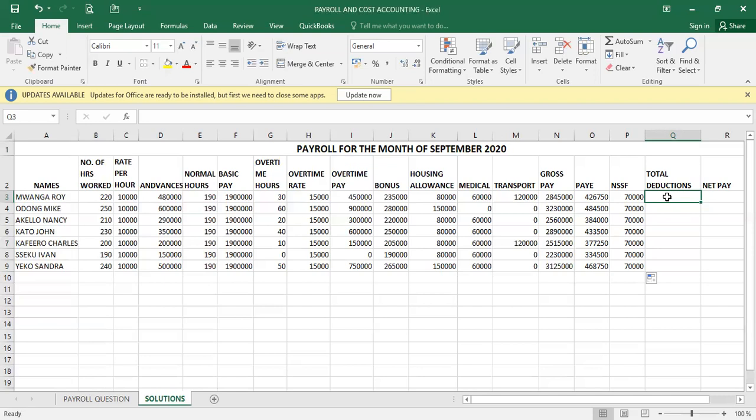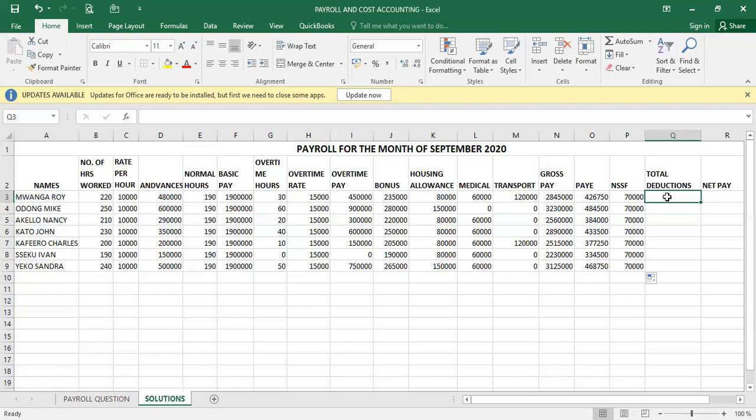It can be a lunch allowance that is deducted if some employees are entitled to lunch or are supposed to receive lunch from their work, and on that lunch they are contributing something towards that package. And others which are supposed to be made at source or by the employer.